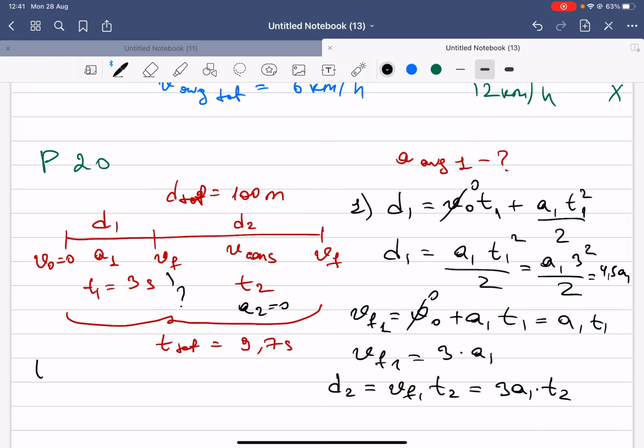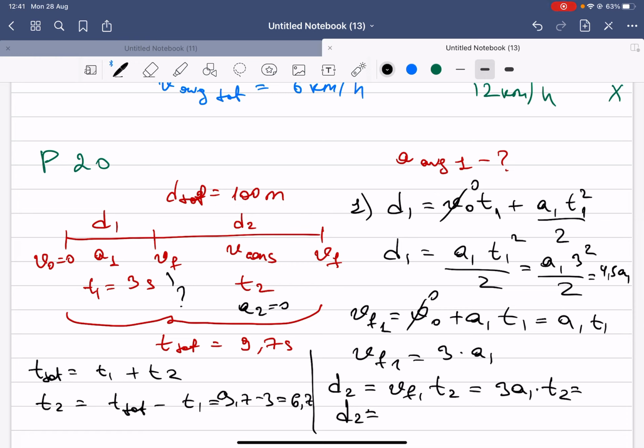We know that total time is equal to t1 plus t2, so t2 is equal to t total minus t1. If you put in 9.7 minus 3, that gives you 6.7. So d2 is equal to 3a1 multiplied by 6.7, which should be 20.1 a1.